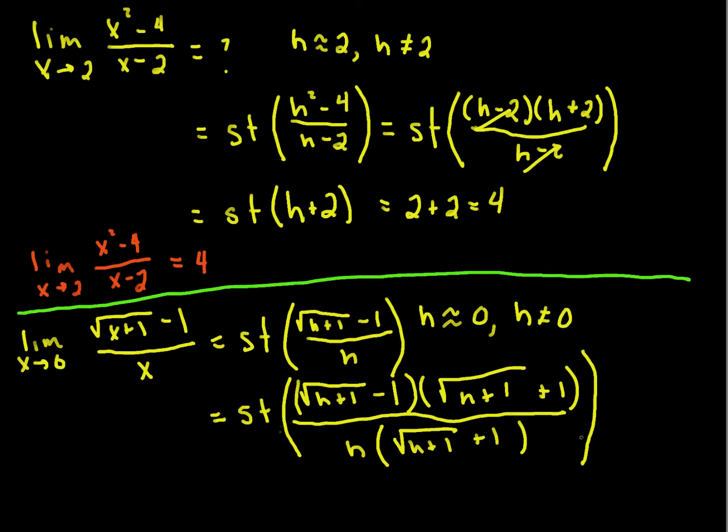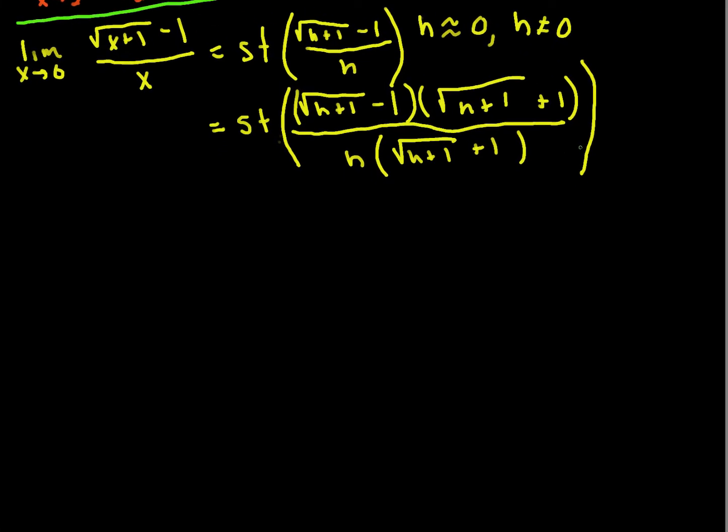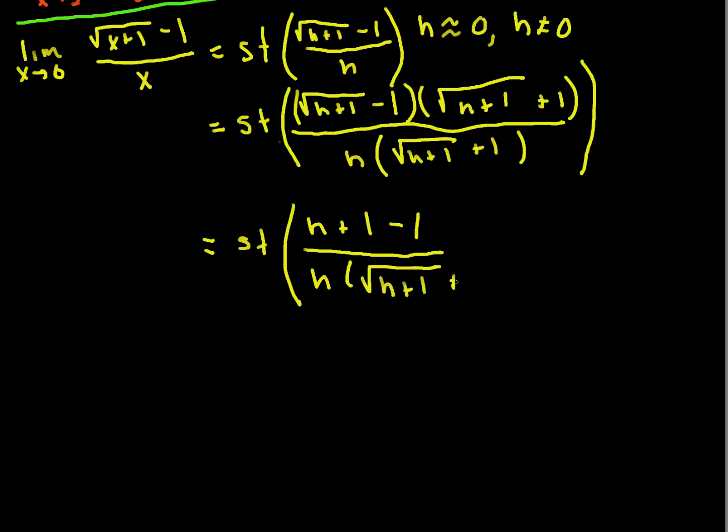We're computing this standard part. We've used conjugation. We know how conjugation works. So the top, those get squared. So I get h plus 1, and then we get a minus 1, all divided by h times the square root of h plus 1 plus 1.